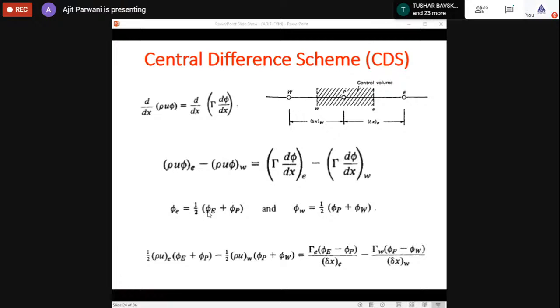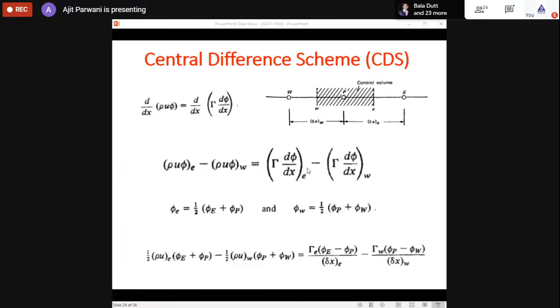Similarly, for phi w, if I assume a linear function of temperature here, then phi w is equal to half of phi P plus phi W. Putting phi e equal to half of phi E plus phi P and phi w equal to half of phi P plus phi W here, I will get this.